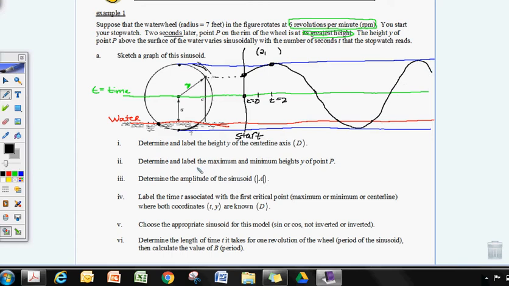Now, we've got to read some numbers and get some things in my picture. The first thing, between the center line and the water, this is 6 feet. Okay, so everybody sees this 6 came from the picture. We also know the radius is 7.